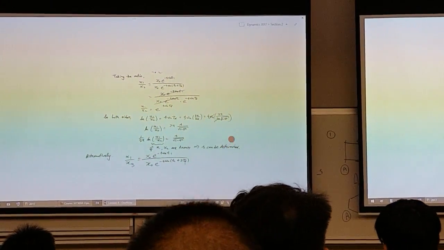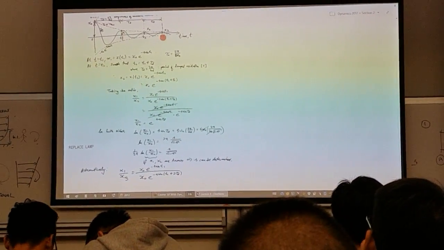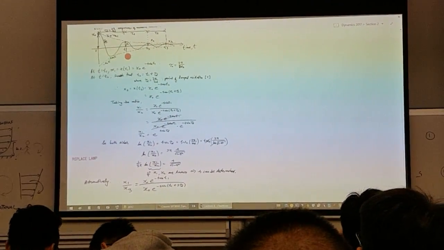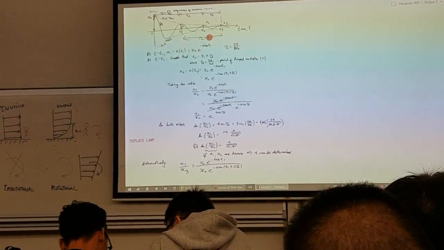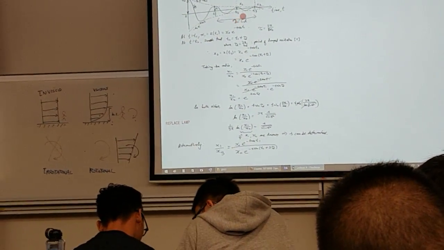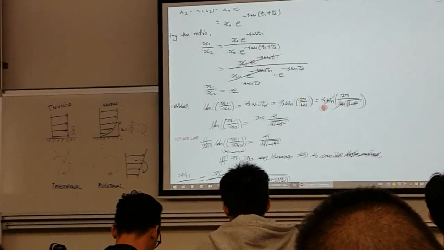I'll show you over here. So this is t1, t3 is over here, and this whole thing is 2 times tau, because each of these is tau d.